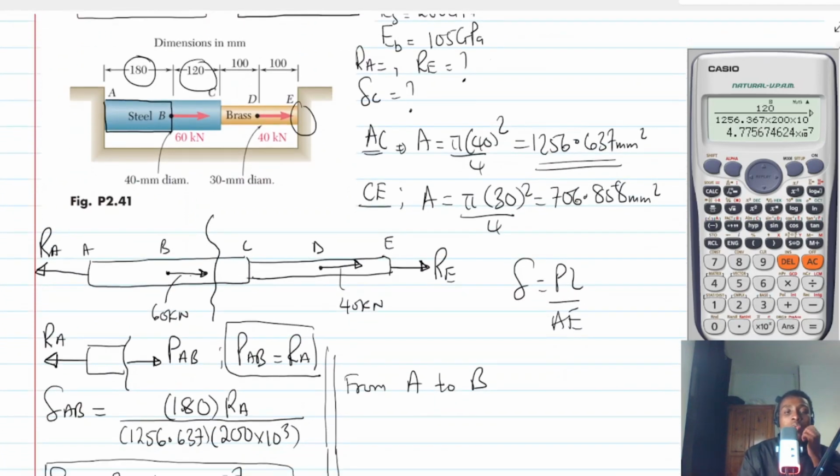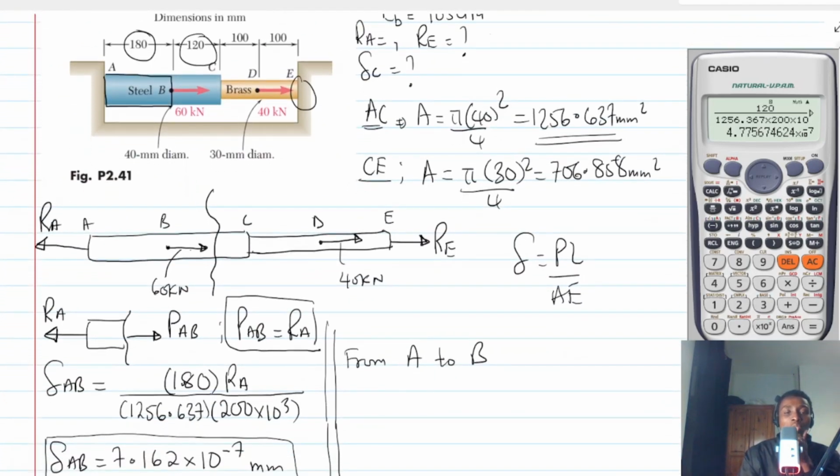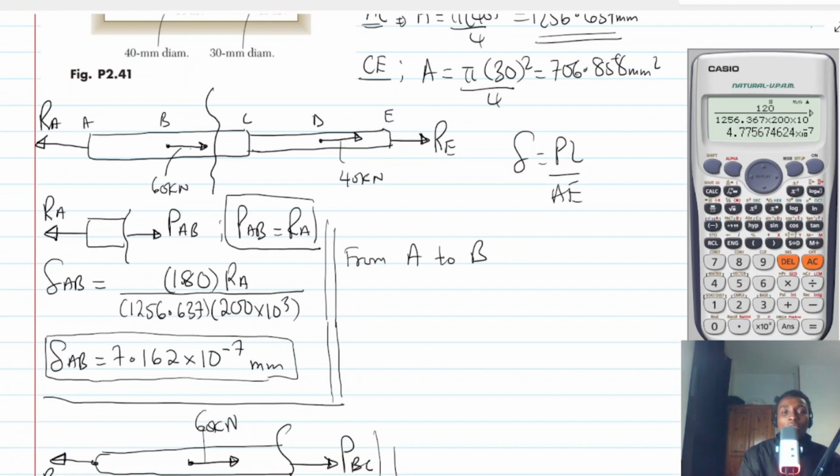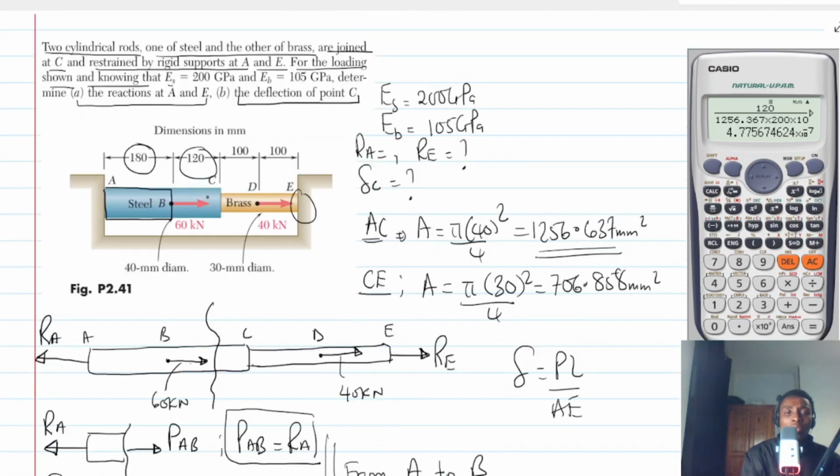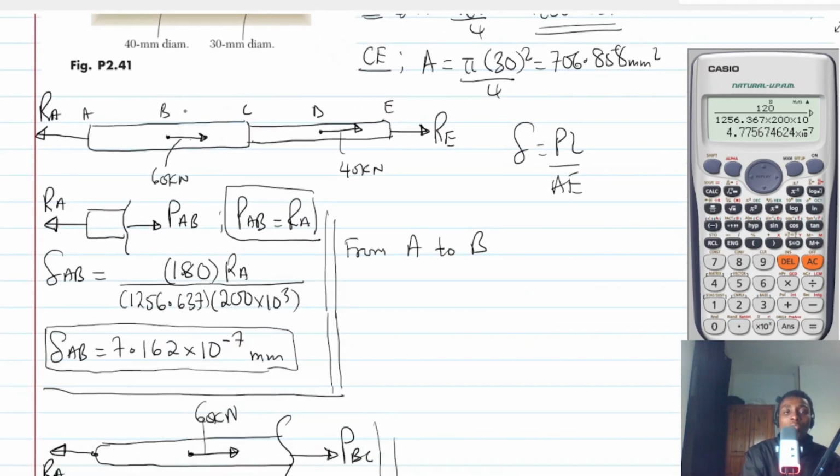We need to do C to D. It's getting interesting. Now, if we do C to D, what are we going to get? So let's do it together. From C to D, it means I will come to C and D and take a section here.